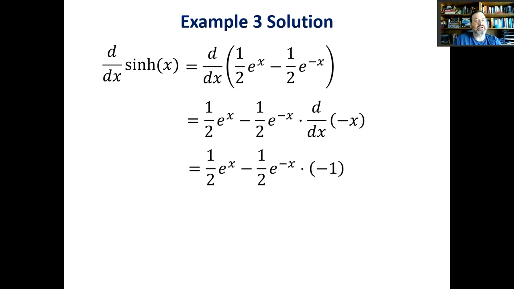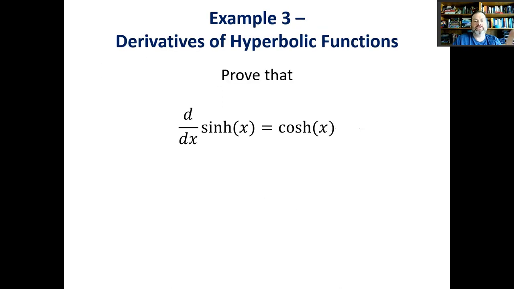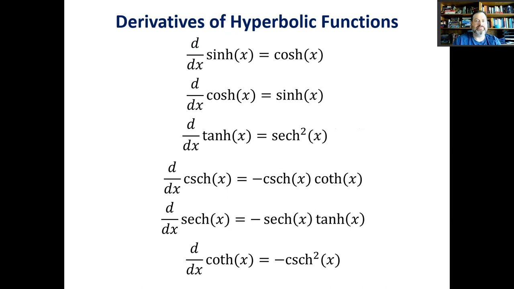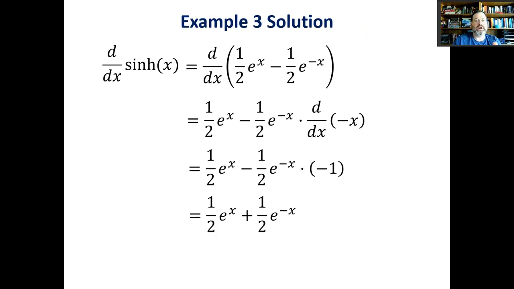So that just becomes a -1, which flips the sign, which is cosh x. So pretty easy proof. Make sure you can do the proofs of all of these, because they could be on the exam. But I'm only going over this one, so make sure you can do them.